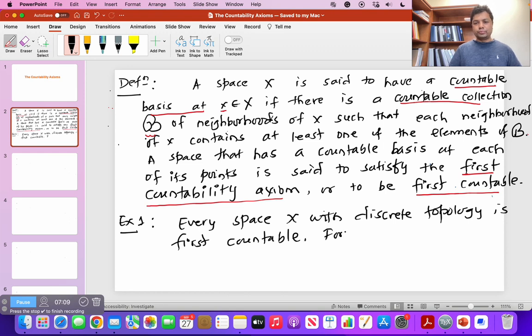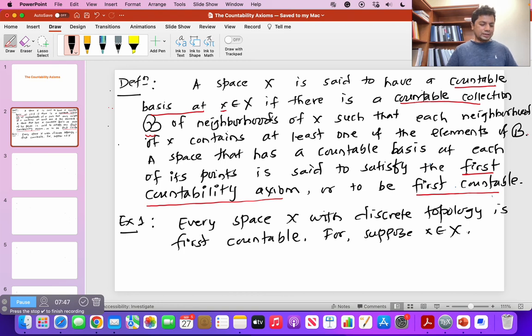To prove why a topological space with discrete topology is first countable, let's see a quick proof. Suppose x is an arbitrary element in this topological space X. Now to show X is first countable with the discrete topology, we need to show that X has a countable basis at this point x.